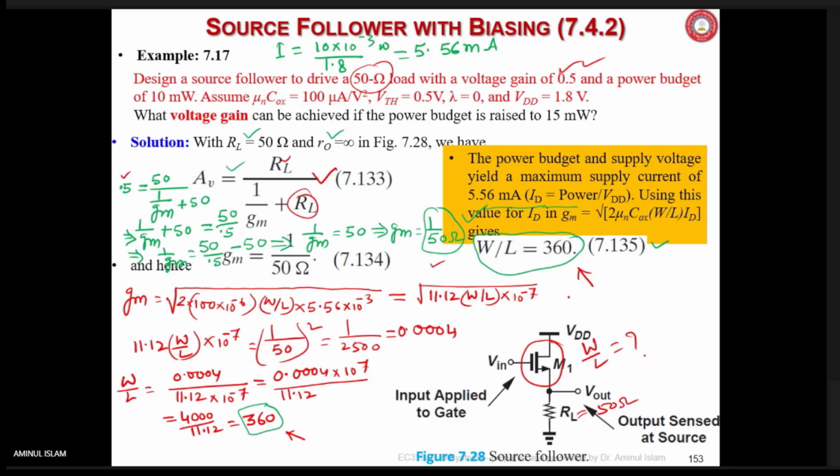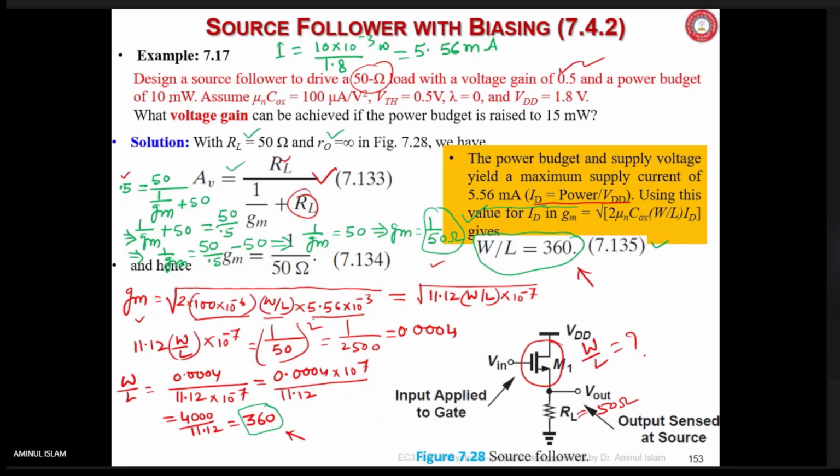In the formula for gm, if we substitute, we'll get W by L. If you put the value of gm, and before that you have to find out the ID. 2 mu n Cox is given here. So W by L you have to find out. ID has to be found out from this power budget. VDD is given, ID equals power divided by VDD. Power is given as 10.